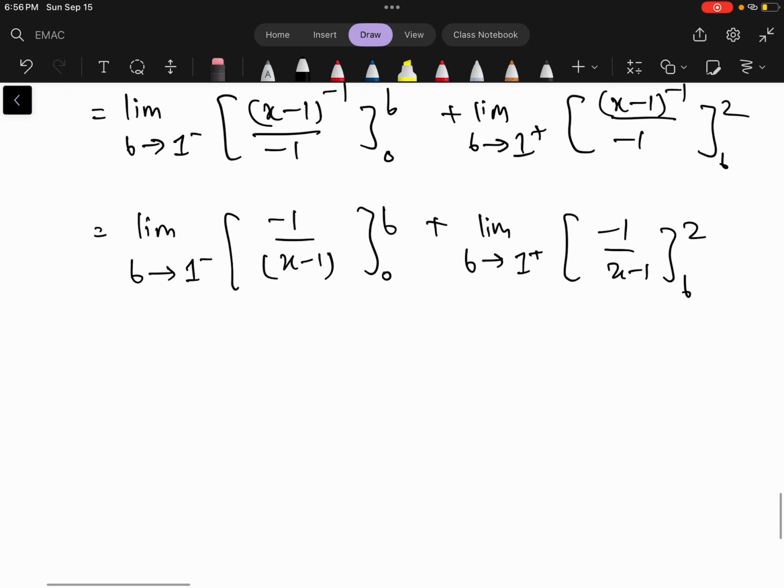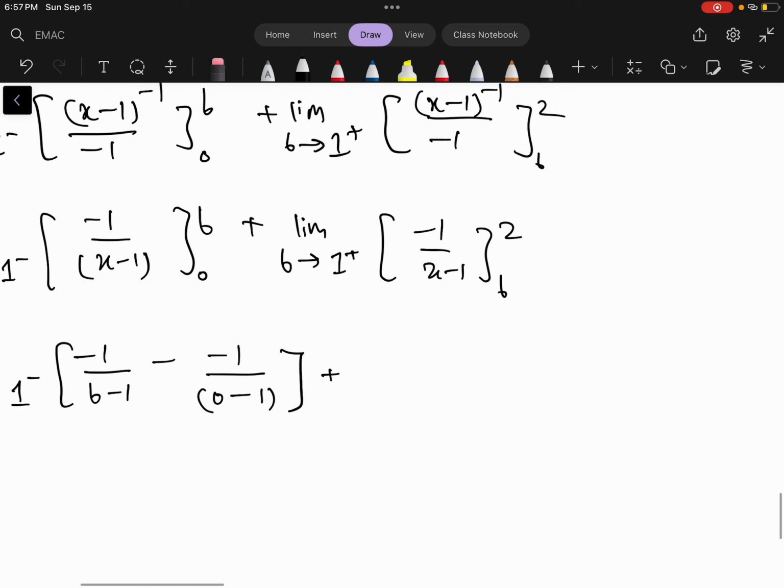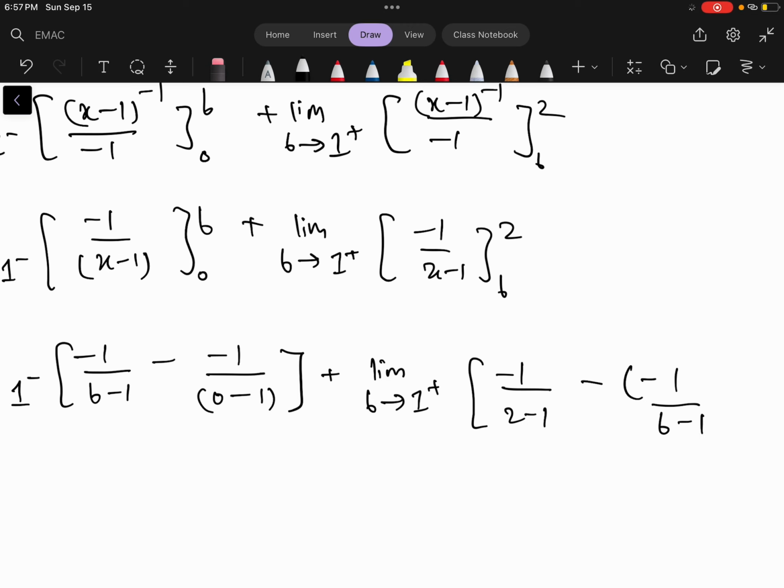Which is equal to the limit as b approaches 1 minus of, okay, we're going to evaluate this integral, so that's minus 1 over b minus 1, minus, minus 1 over 0 minus 1, plus the limit as b approaches 1 plus of minus 1 over 2 minus 1, minus, minus 1 over b minus 1.